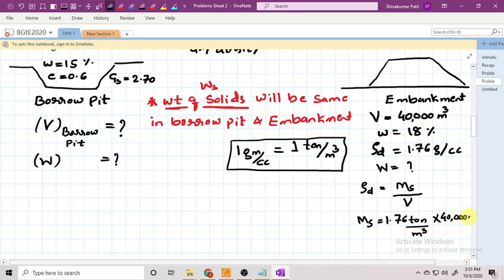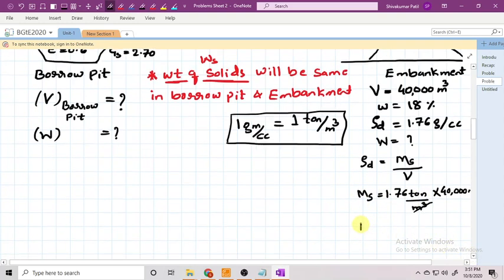The cubic meters get cancelled, and you get the mass of solids in tons. 1.76 into 40,000 gives around 70,400 ton. So this much is the mass of solids. You should remember this.